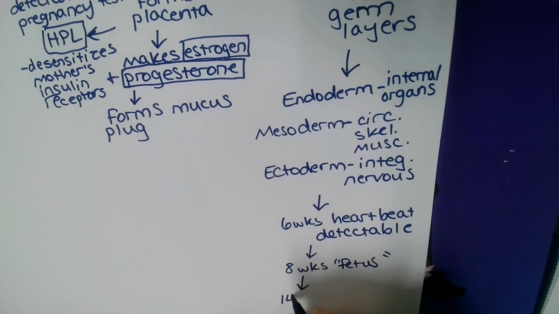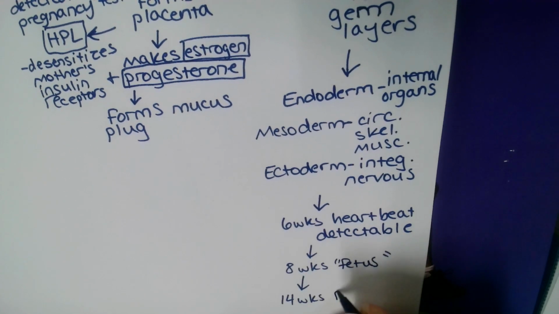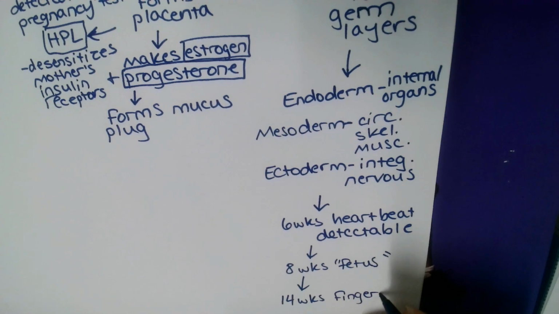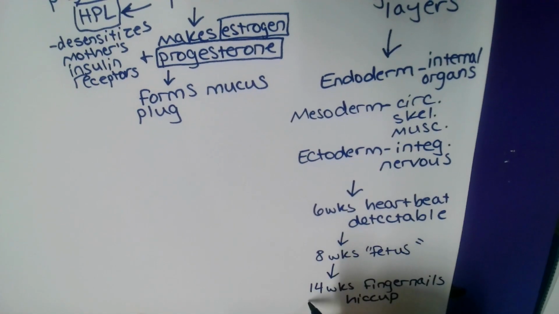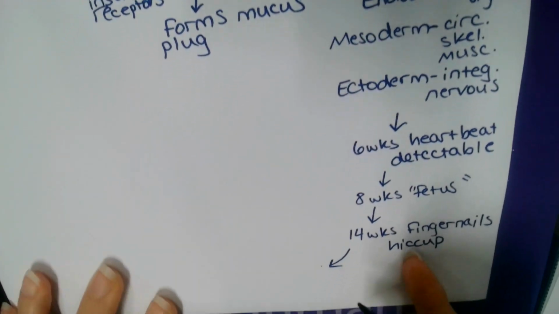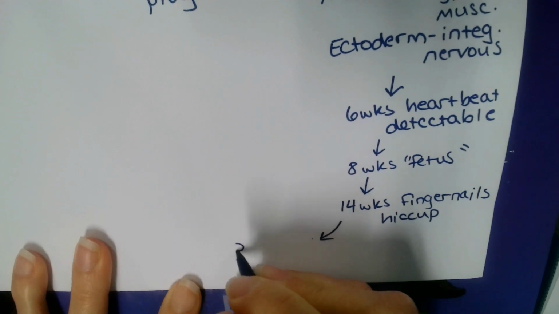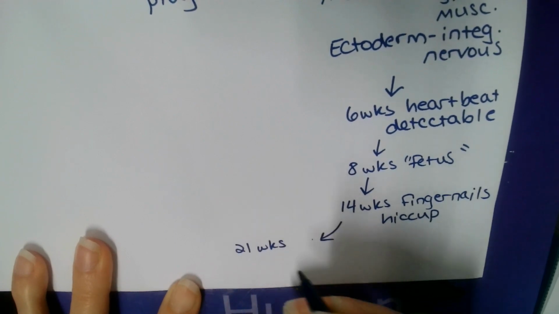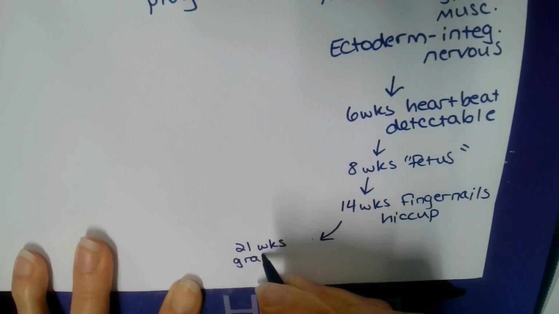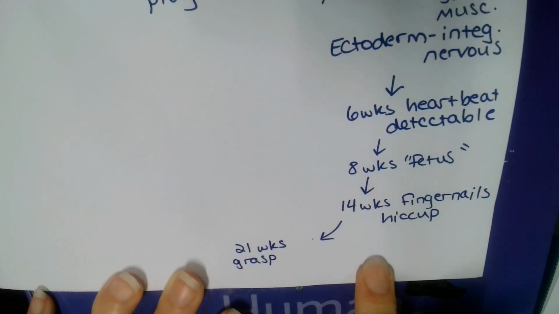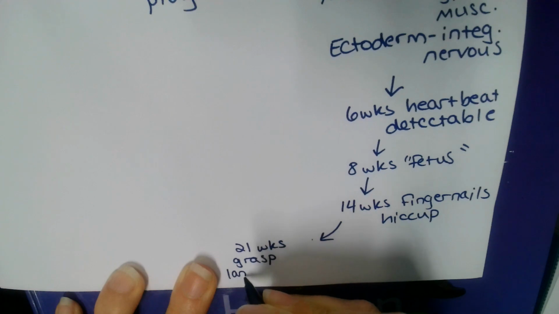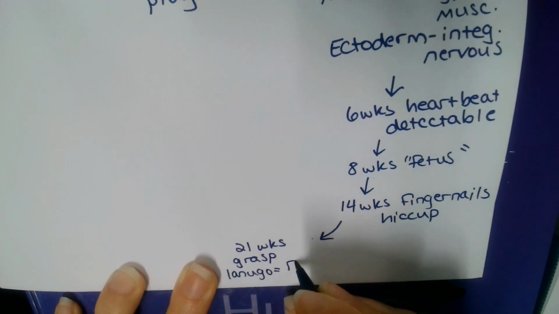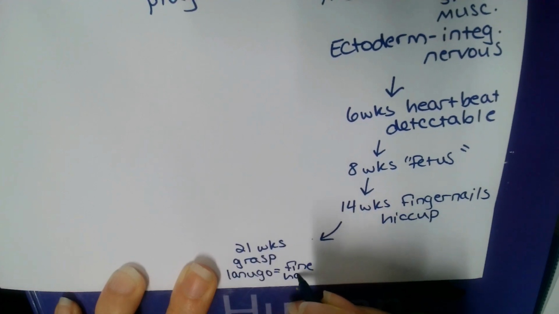At 14 weeks, it already has fingernails and can do things like hiccup and turn its head. At 21 weeks, it's going to be able to grasp. So it can grab its toes, suck its thumb. Also, it's going to have lanugo. Lanugo is fine hair. You need to know that word.